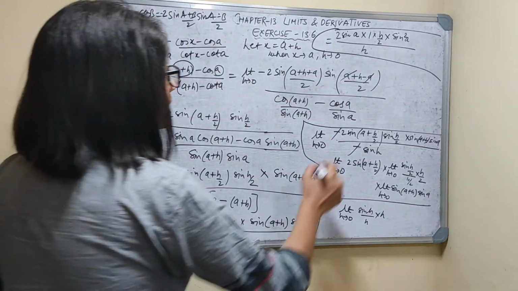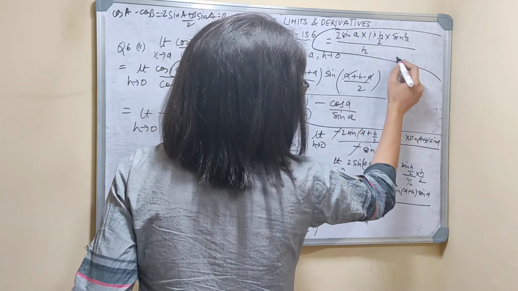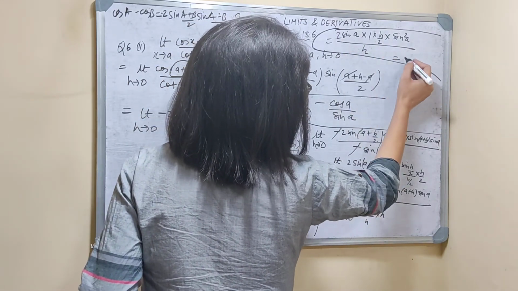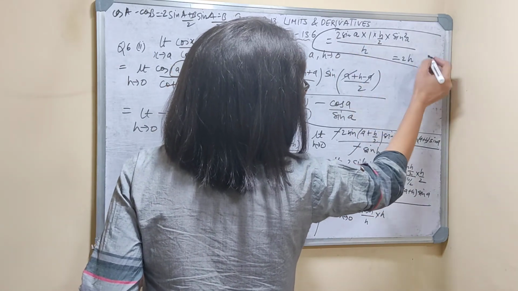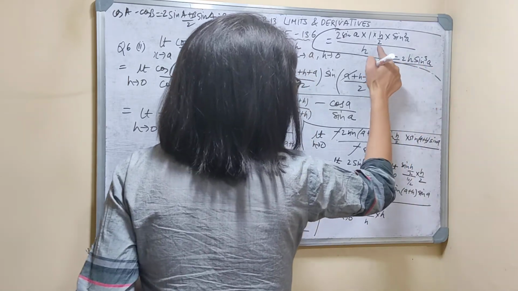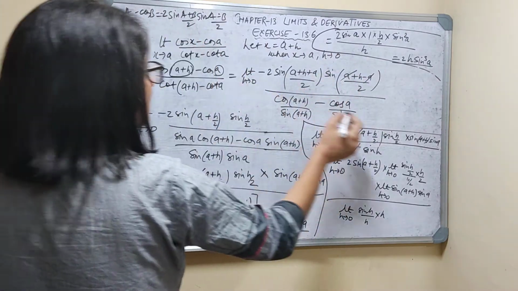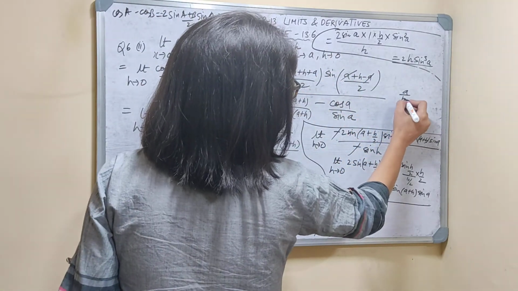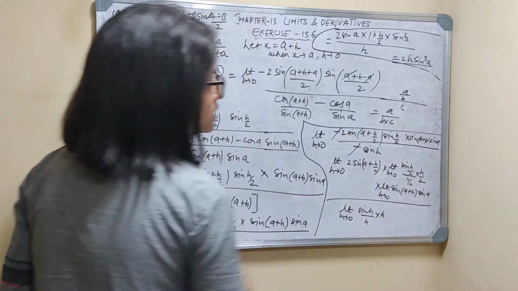Now you can see this 2 sine a into 1 into h into sine square a. What can I write? 2h sine a into sine square a, that is what? Sine cube a upon 2 upon h. This is what? Same. A upon b upon c. So what will I write? A upon b into c.